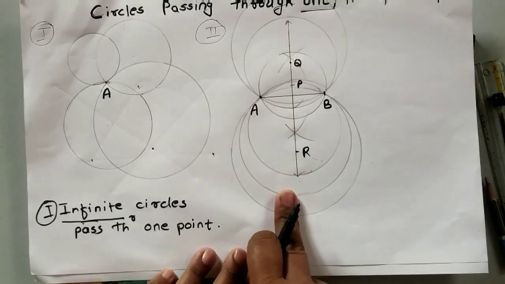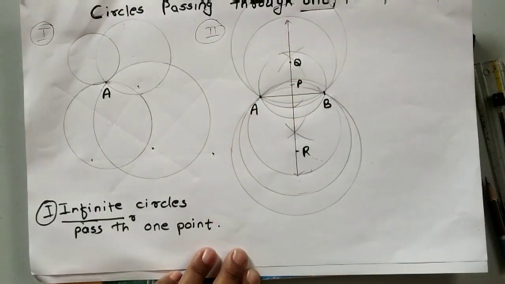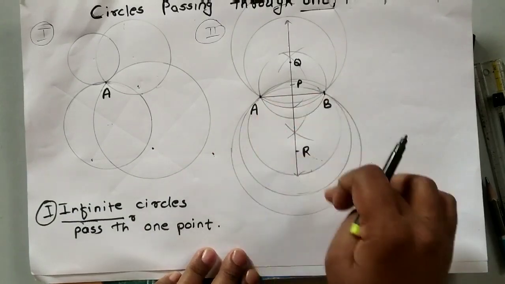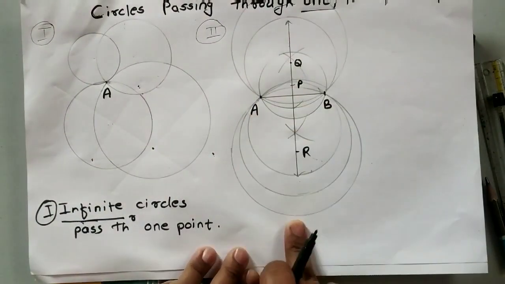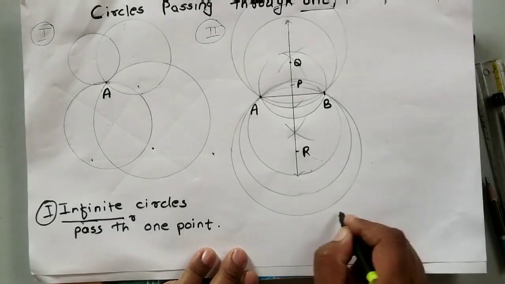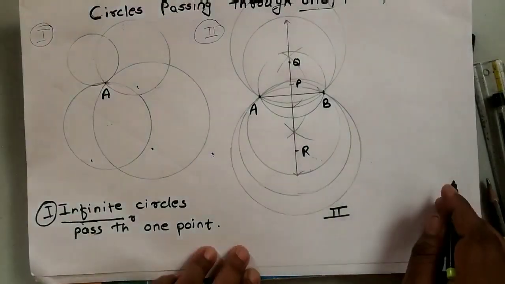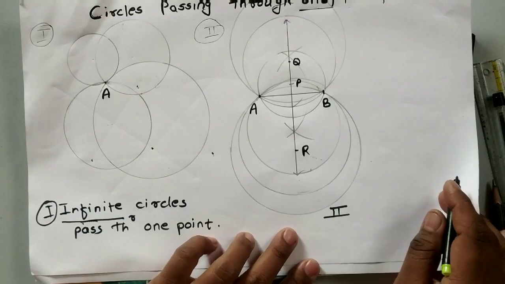In the second activity, you saw that I had taken two distinct points here, and from this you saw how many circles we can pass, and its answer is, for the second condition, infinite circles.